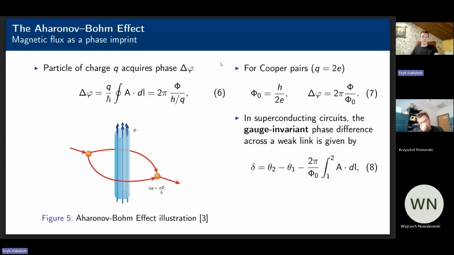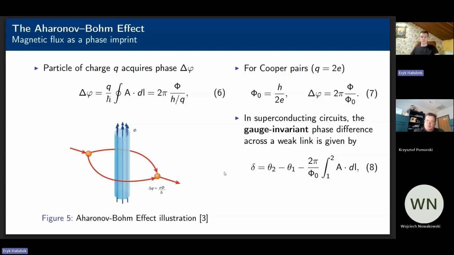If we have a particle of some charge q, then the wave function of that particle acquires a phase due to a vector potential in the space through which this particle passes.